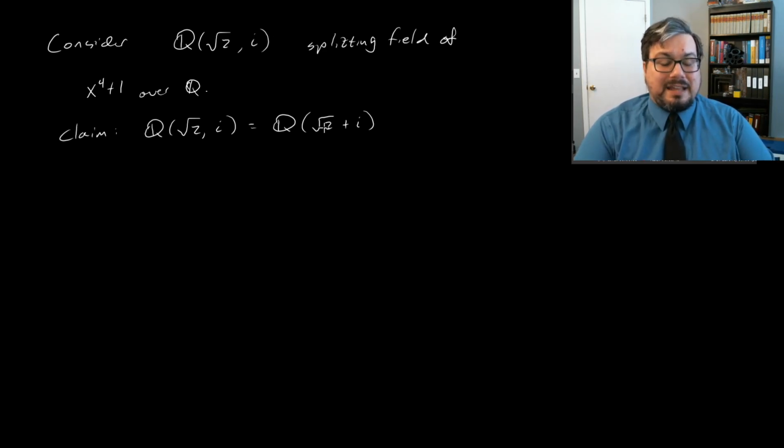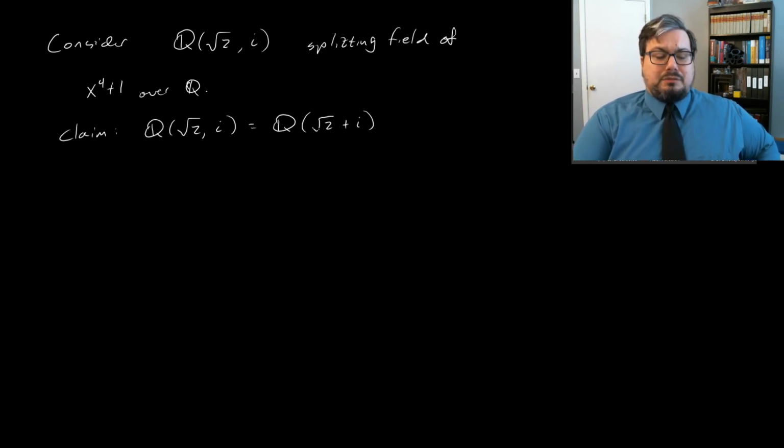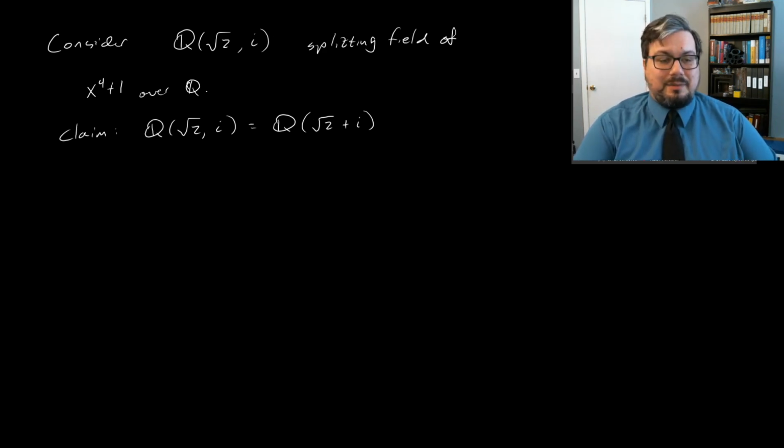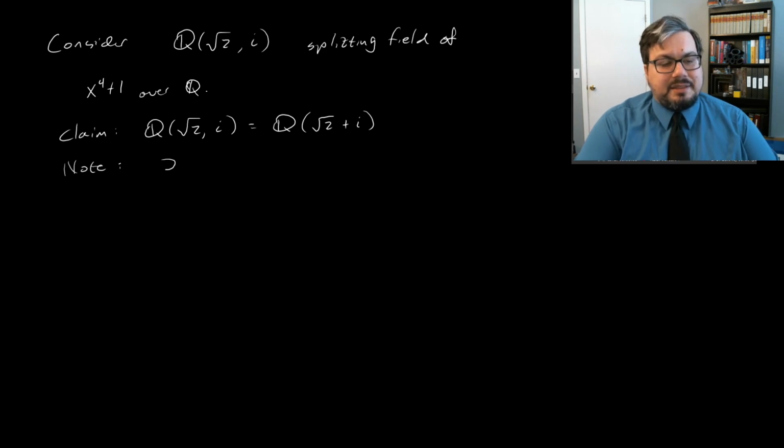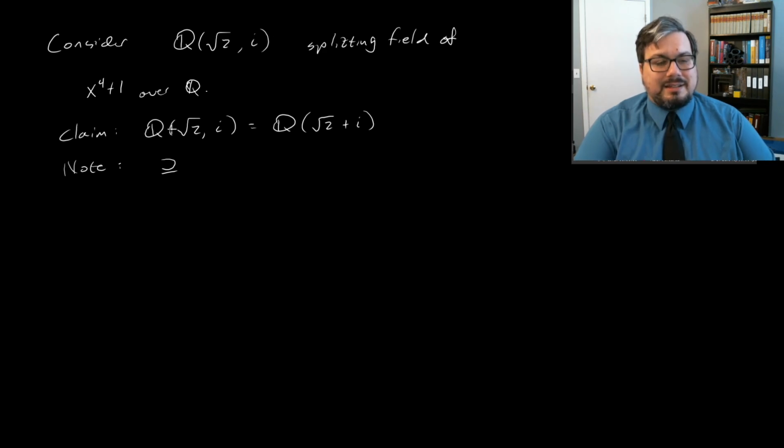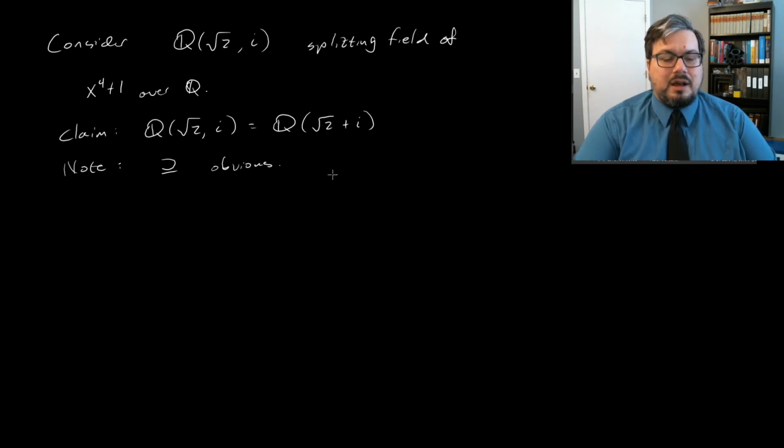And the fact that we have this means that, in some cases, this will be a simpler field to work with, just because it's got a single element rather than two of them. So note that the containment Q(square root of 2, i) containing Q(square root of 2 plus i) is obvious. So we need to show that the square root of 2 and i are both contained in this field.